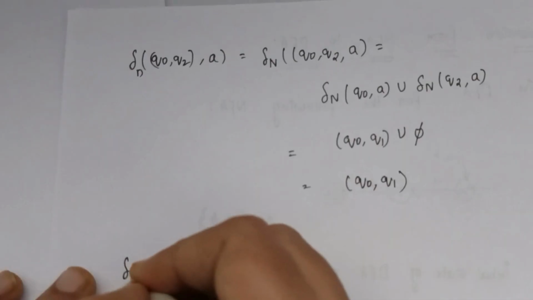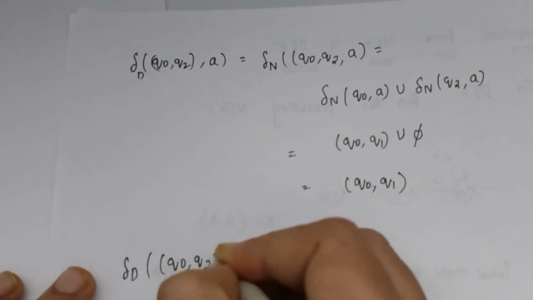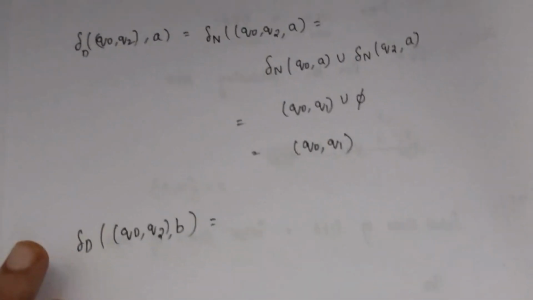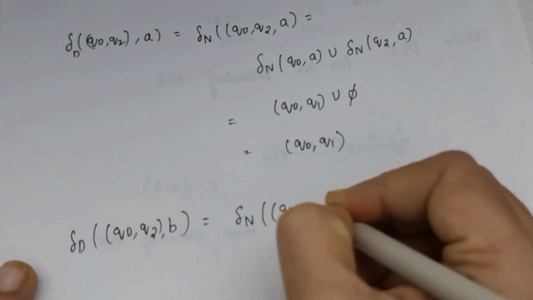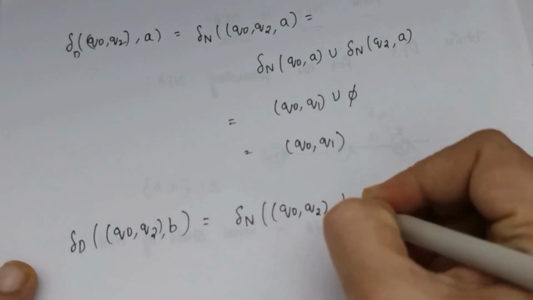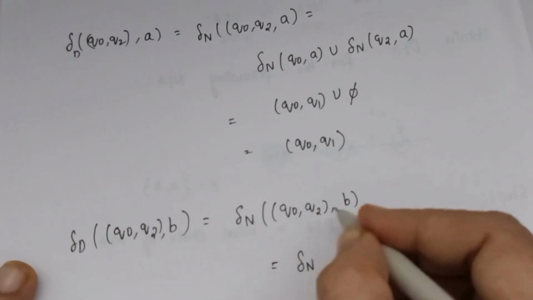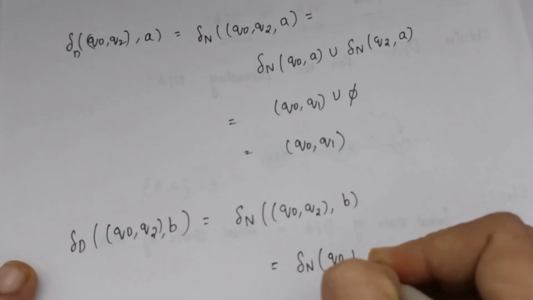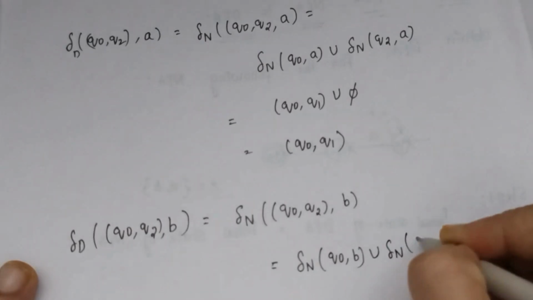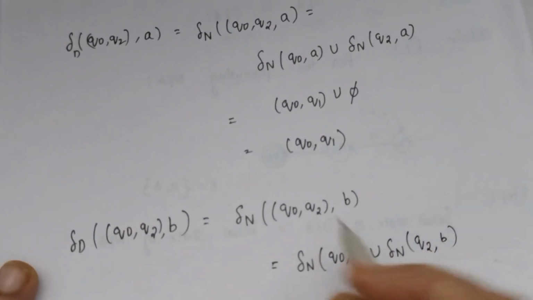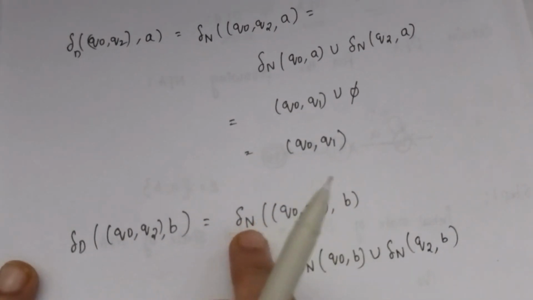Next we will make a transition for delta D of Q0, Q2 on B. Okay. Now this equals delta N of Q0, Q2 on B, that equals delta N of Q0 on B union delta N of Q2 on B. So we are splitting this one.